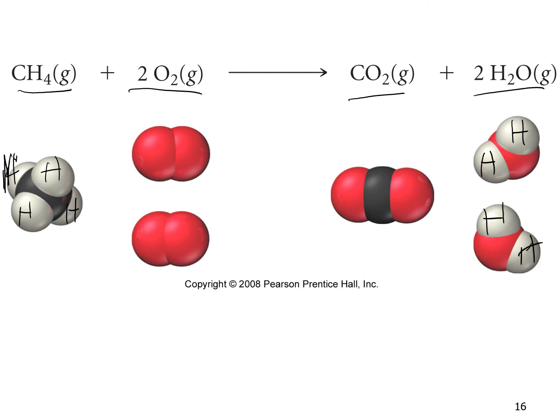There's our 4 hydrogens. Our 2 molecules of oxygen are represented here. And then in our products, here's my 2 oxygens, those red spheres in the carbon dioxide and the red spheres in the water molecules. And then the black ball represents a carbon. So we have the 1 carbon in CH4 and the 1 carbon in CO2.